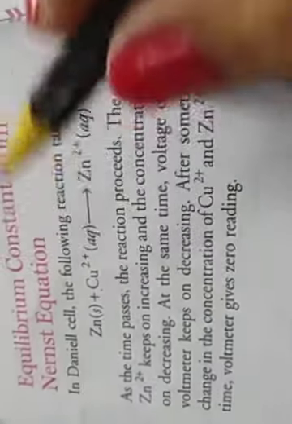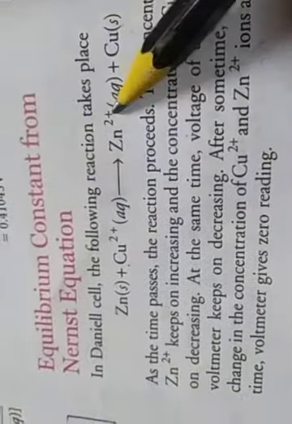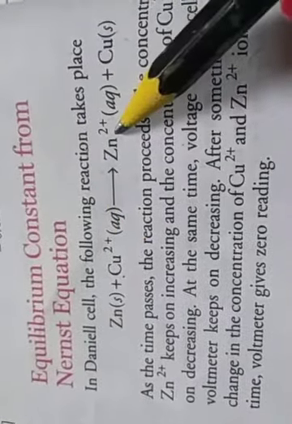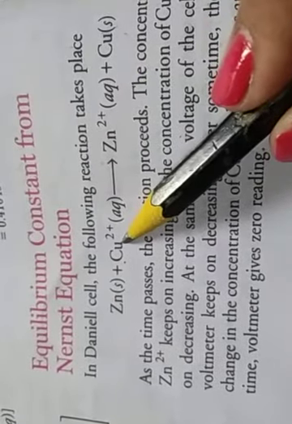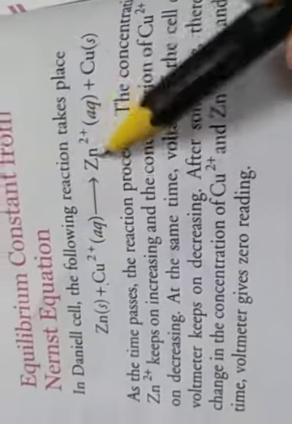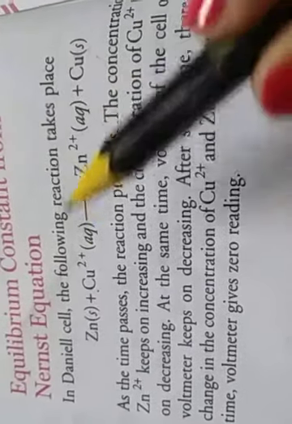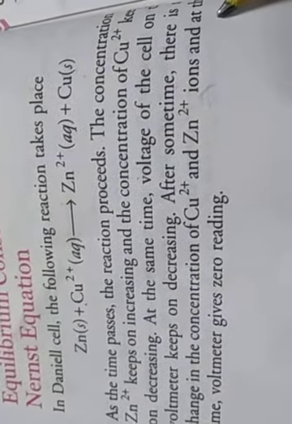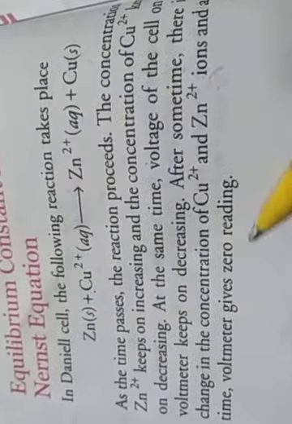Again I say, whenever the reaction proceeds, Zn2+ concentration increases and Cu2+ concentration decreases. But after some time, there is no change in the concentration of Zn2+ and Cu2+ ions, so the voltmeter gives 0 reading.